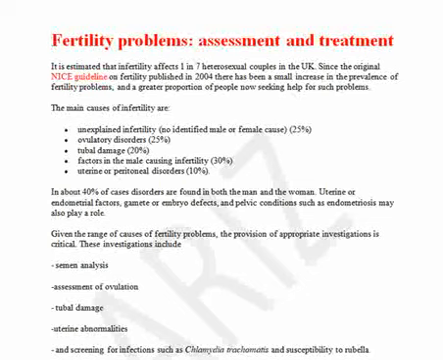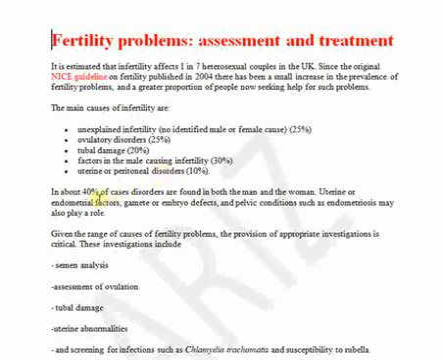The main causes of infertility are: unexplained infertility, no identified male or female cause, 25%; ovulatory disorders, 25%; tubal damage, 20%; factors in the male causing infertility, 30%; uterine or peritoneal disorders, 10%.